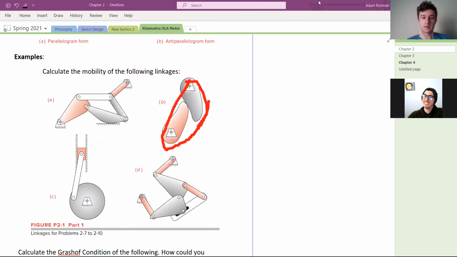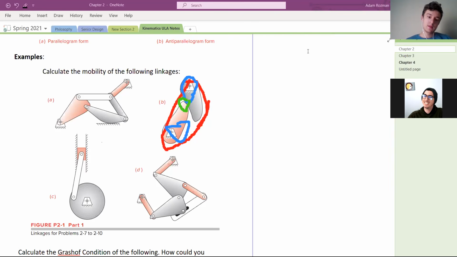Can you see that? Yeah, each of these pins here, each of those counts as a full joint. And then because they make contact with each other, that would be one half joint. Correct. So how many links did you come up with again? Two.